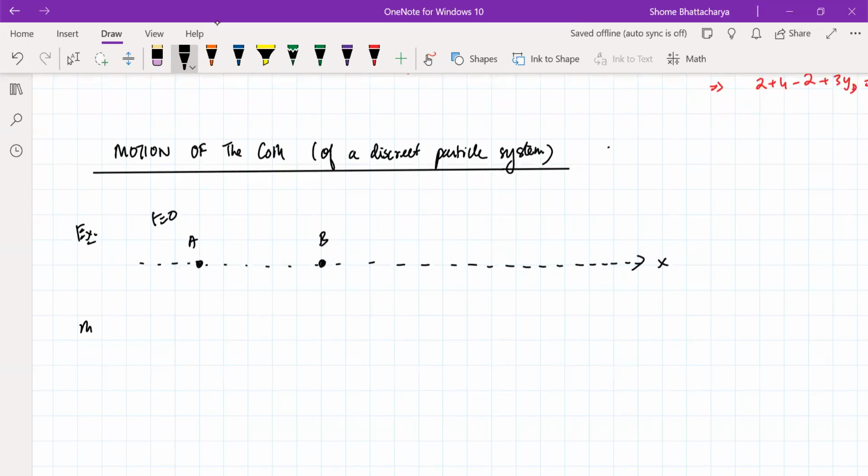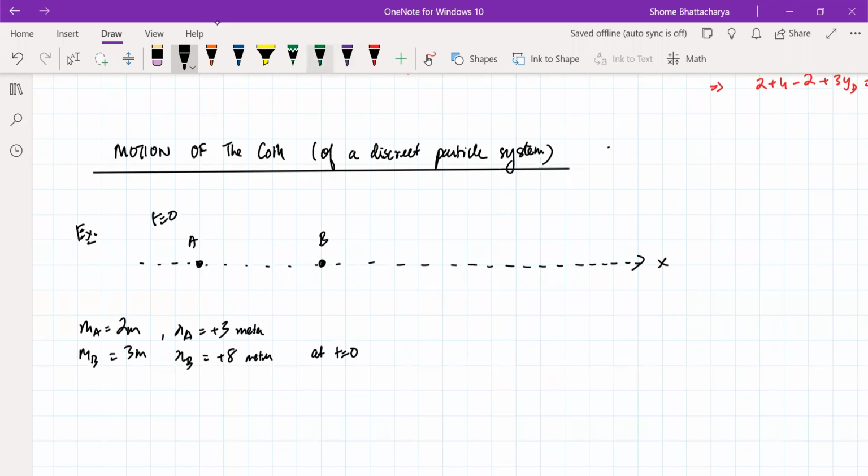So mass of A is, let's say, 2m. Mass of B is, let's say, 3m. Position of A is plus 3. Position of B is plus 8, at t equal to 0.